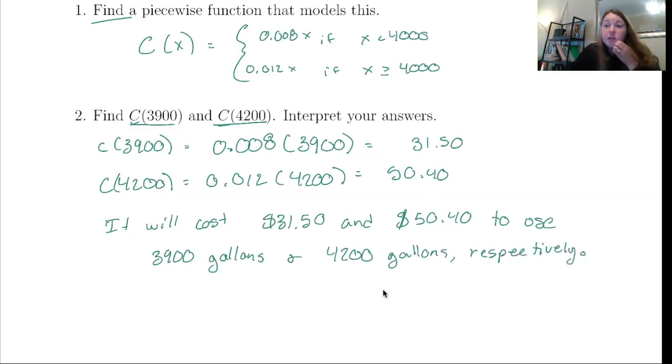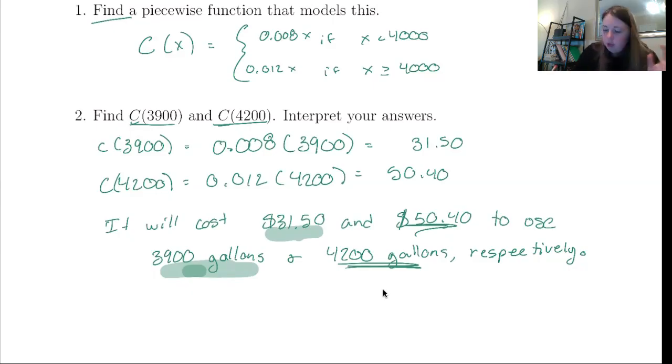Great word, respectively. That means the first one goes with the first thing and the second one goes with the second. I'm basically pairing these things up together. That's what respectively means, first and second to first and second.